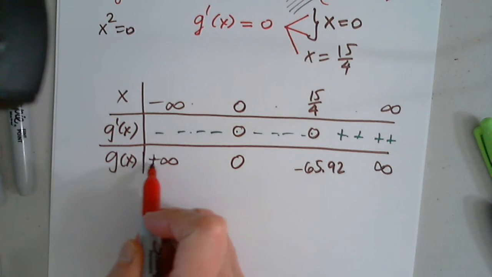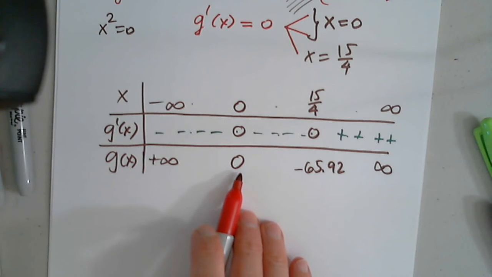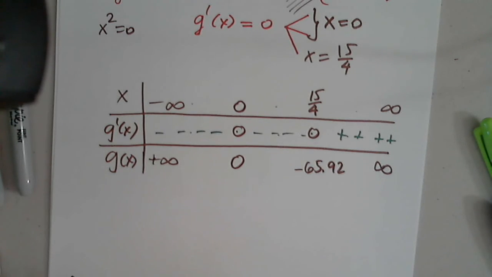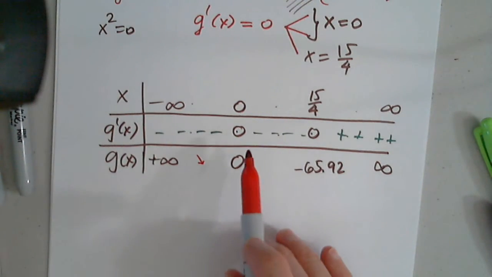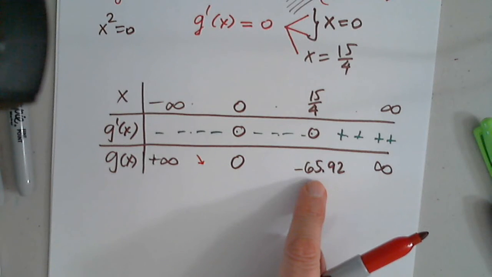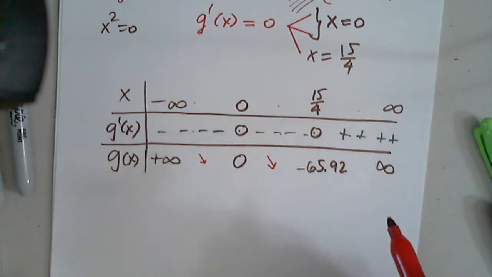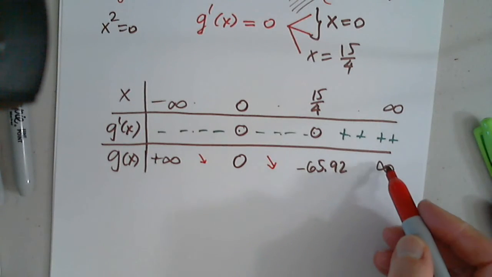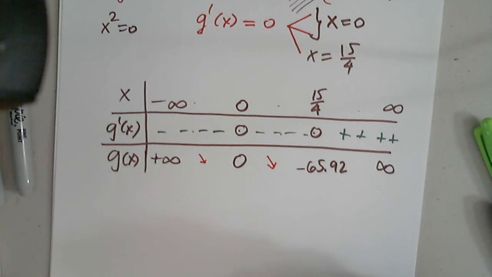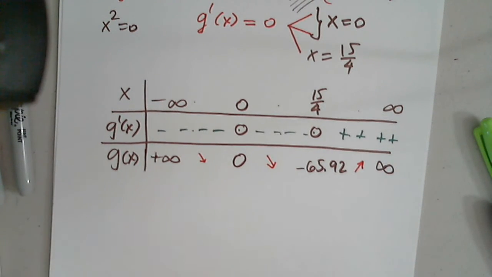See, if I had written negative infinity here, I would have said, oops, how can it go down from negative infinity to 0? Right? Yeah. Good. So what does the function do here? The same thing, decreases. Is it true from 0 to negative 66 roughly? Is that correct? Yes. And what about from negative 65.92 to infinity? What does the function do? It goes up. Good.